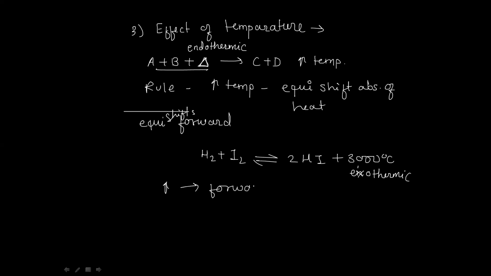If you decrease the concentration of the reactant, the equilibrium shifts backward. In the case of pressure, the equilibrium shifts to the direction which has the lesser number of moles. In the case of temperature, the equilibrium shifts where there is absorption of heat. That is the main use of Le Chatelier's principle.